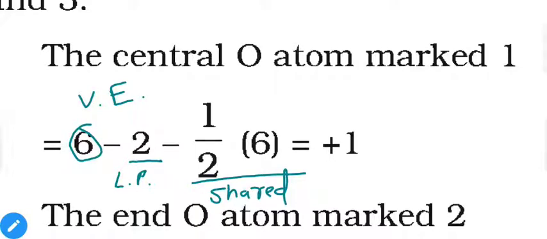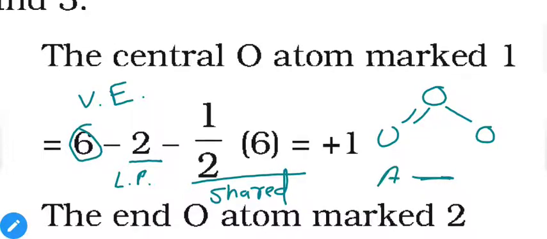For the first oxygen, we have a double bond with one oxygen and a single bond with the second oxygen. As mentioned, if there is a bond between two different elements, let us say A and B, then 2 electrons are used in that bond and each atom gains 1 electron out of it. So here we have a total of 3 bonds, that means 6 electrons. You have to distribute electrons equally.